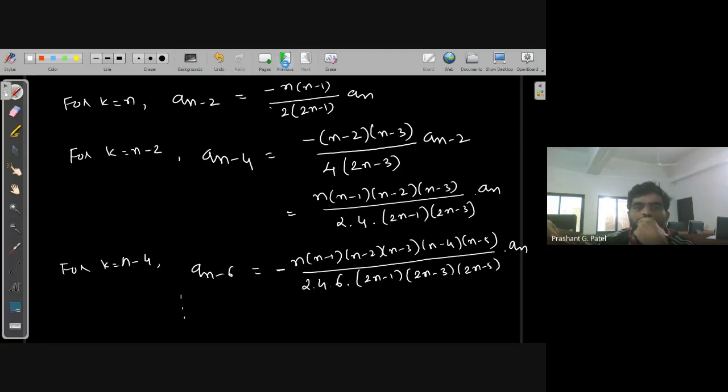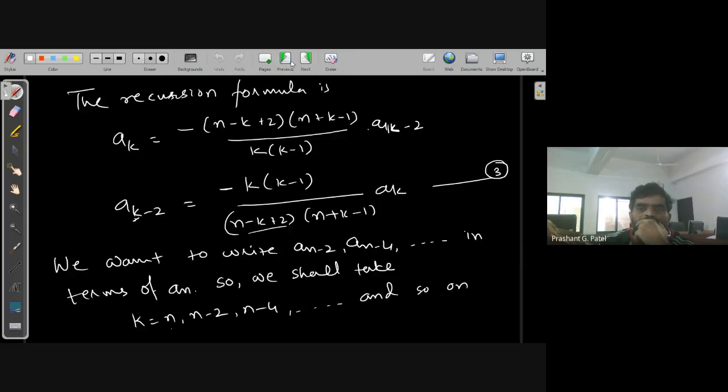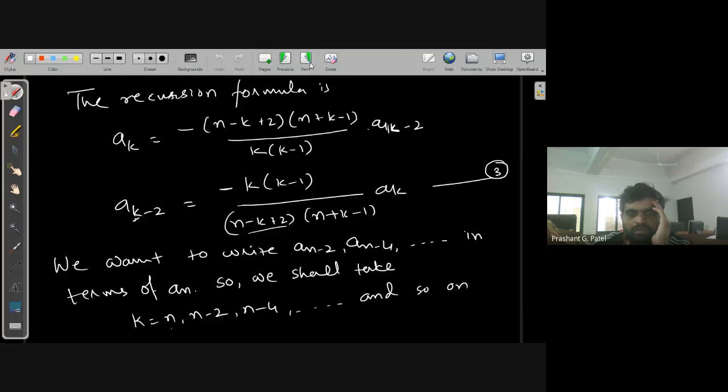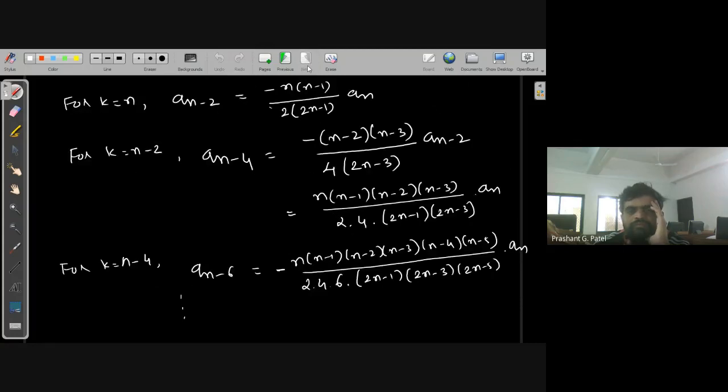What was equation 2? Let us see that. So this was equation 2. We substitute all these values of an minus 2, an minus 4 and so on, and an is this. An we already calculated, and an minus 2 we also have. First we substitute the values of an minus 2 there, and then we will substitute the value of an.